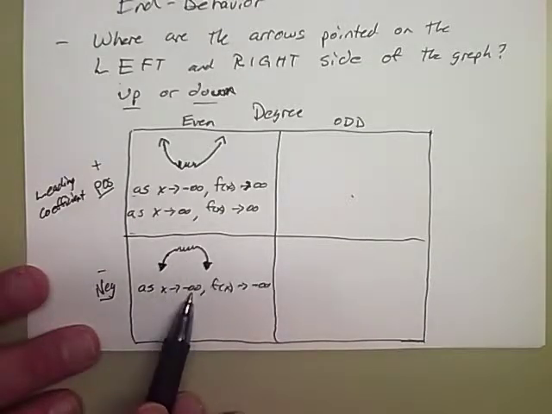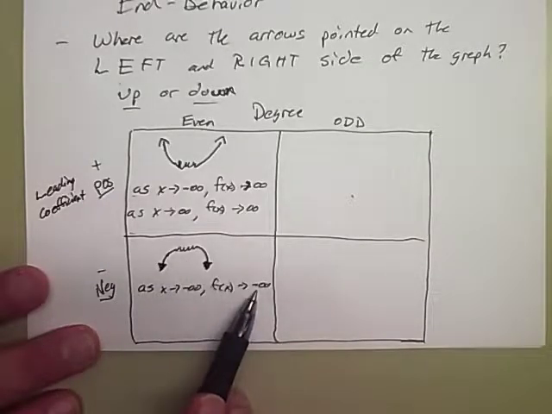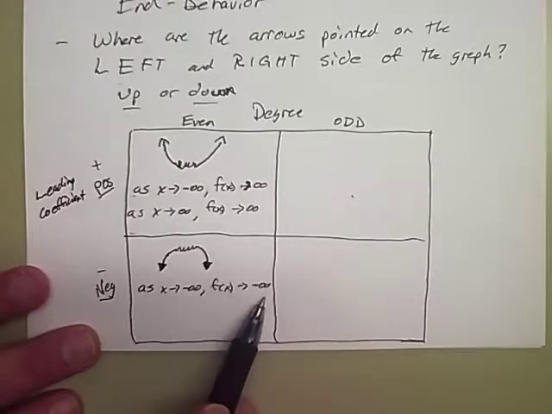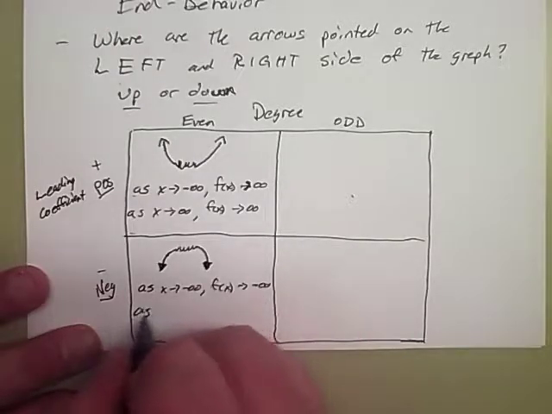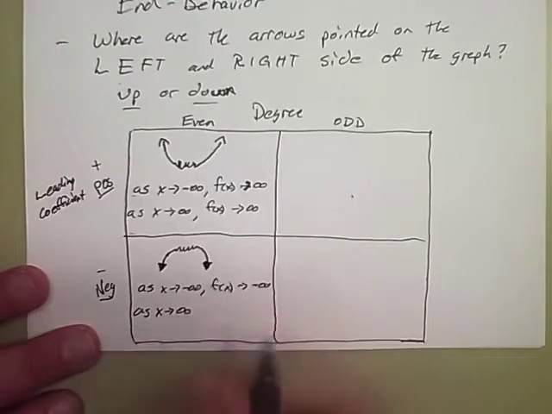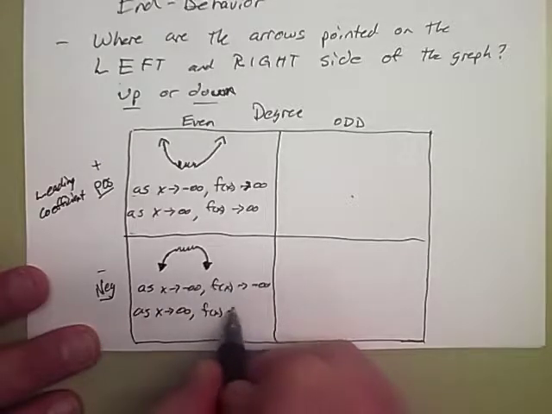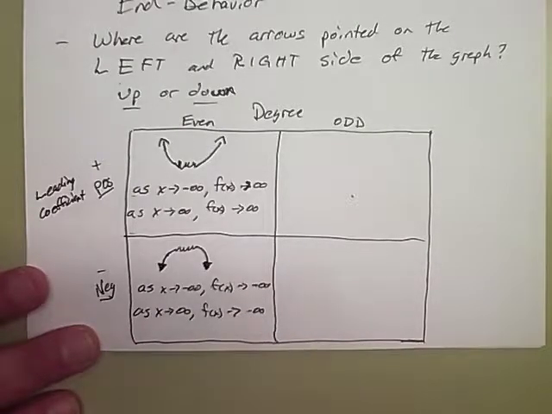So on the left side, the arrow is pointed down. And now we say as x approaches positive infinity, to the right, well, on the right side, my arrow is pointed down.